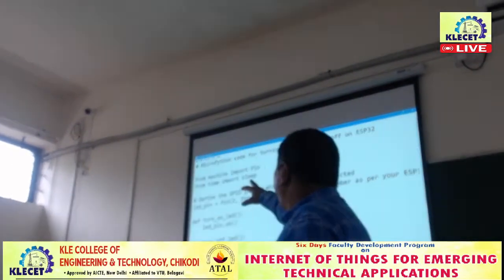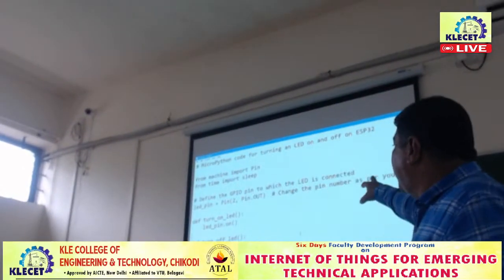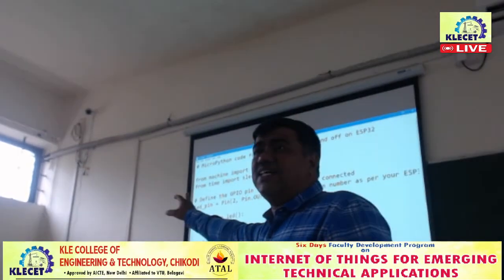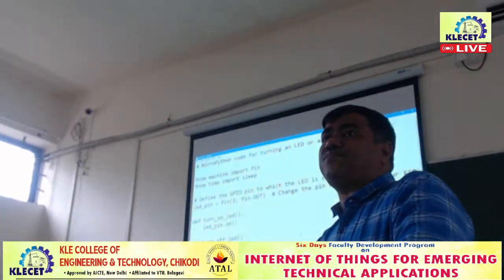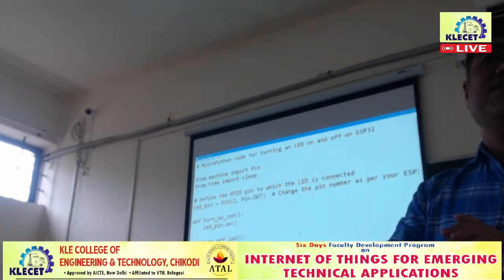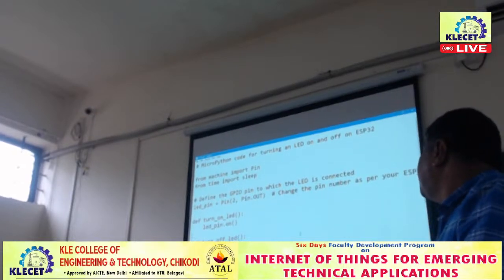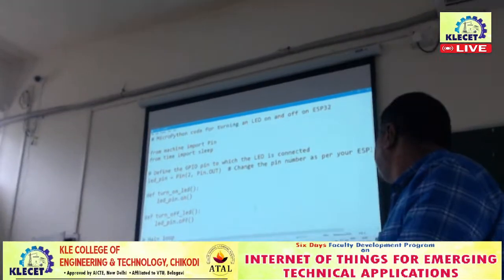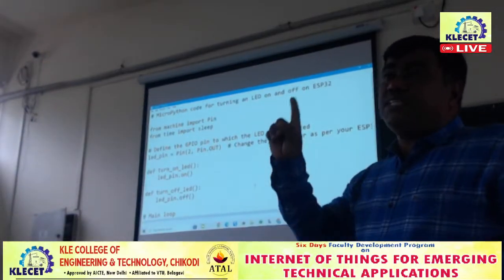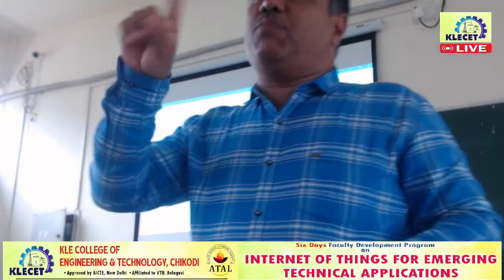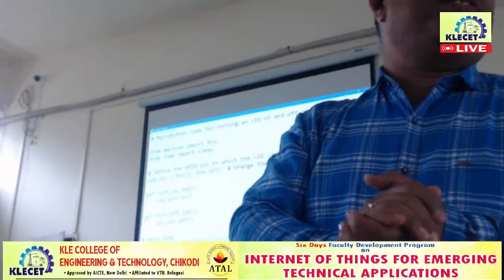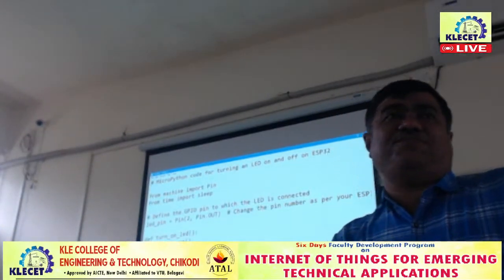You need not write the hash comments, the MicroPython code and define comments. Only this program you have to write. The next programs are ready-made, and we'll execute the ready-made programs.